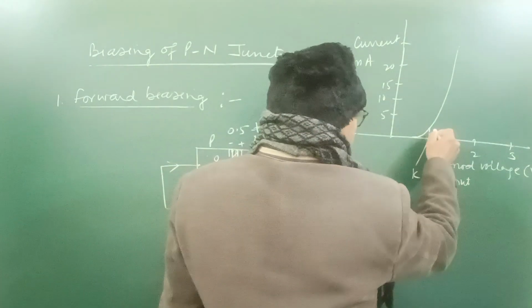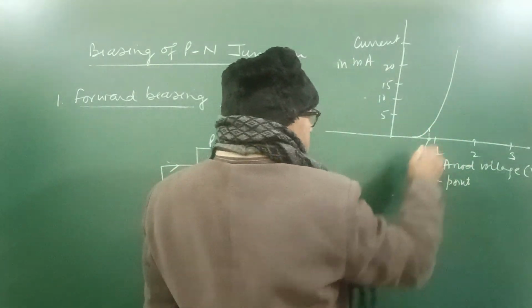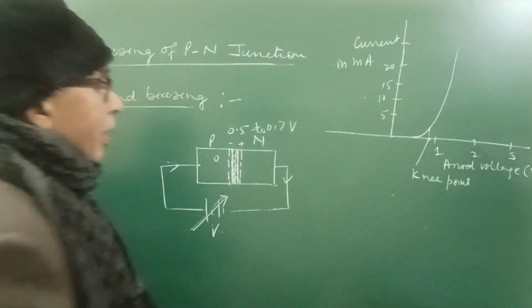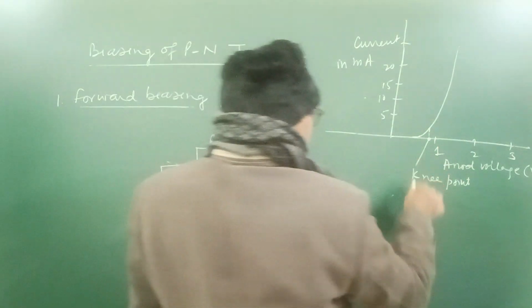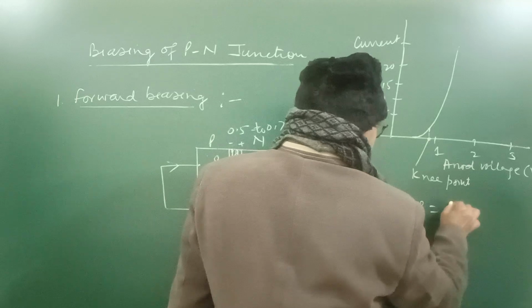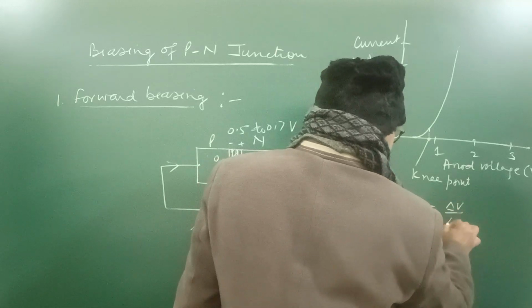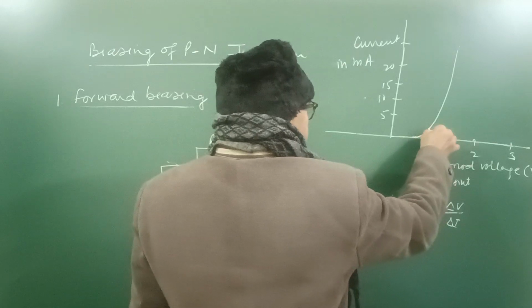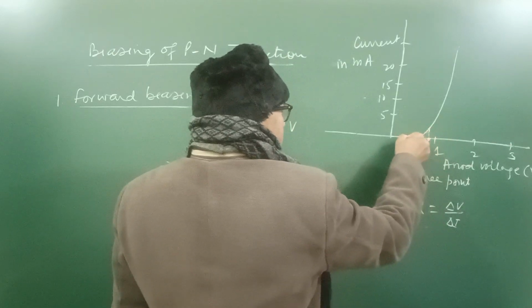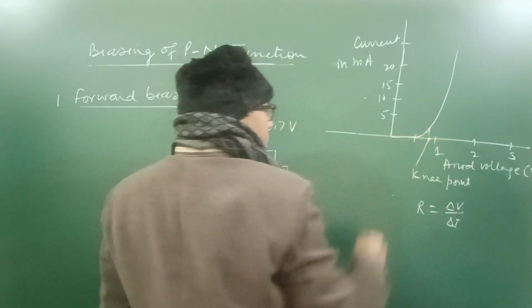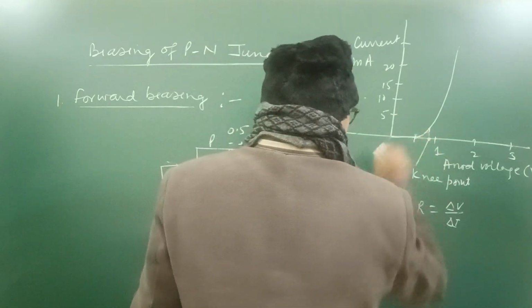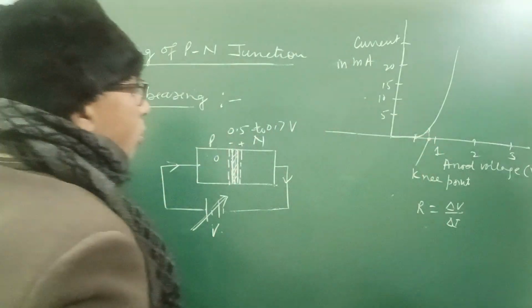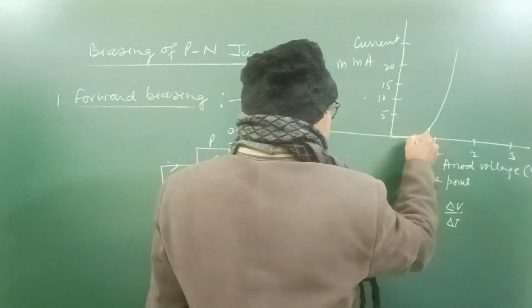And near the knee point, actually resistance, delta V upon delta I, here resistance is very large. Below 0.5 volt, current remains 0, infinite resistance.